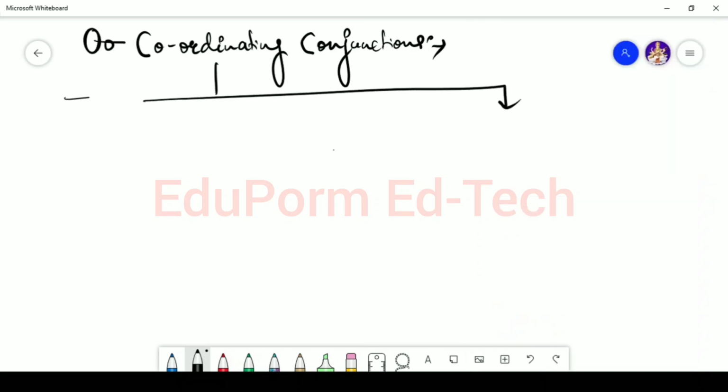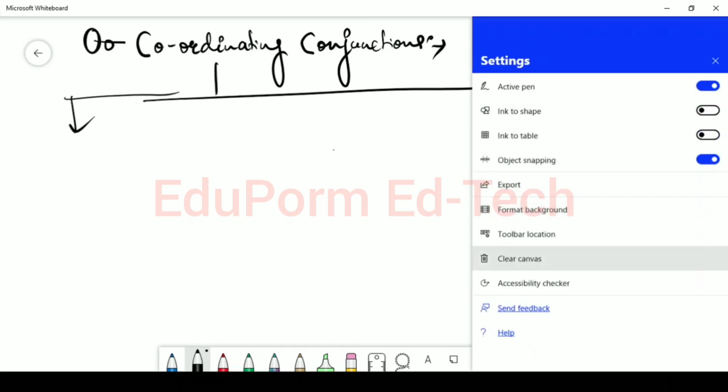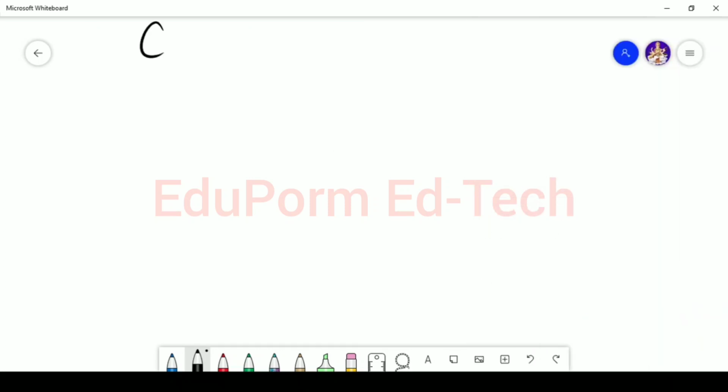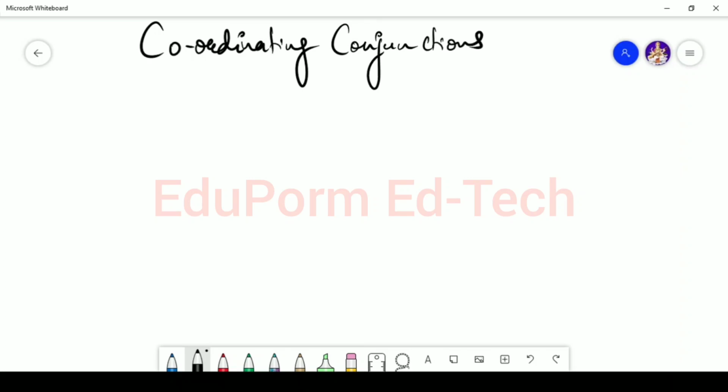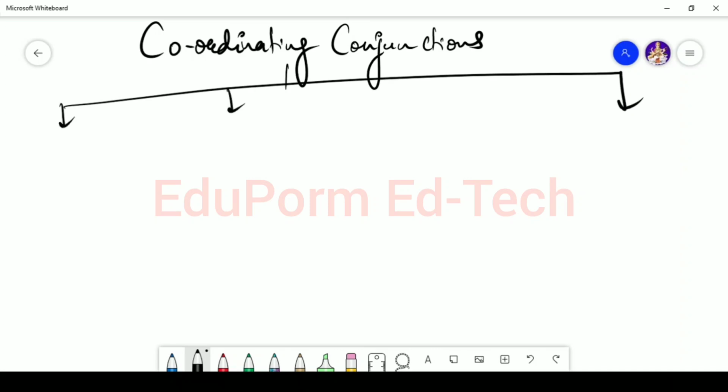Okay, 1 2 3 4. The first one is cumulative conjunctions. Okay, the first one is cumulative conjunctions.